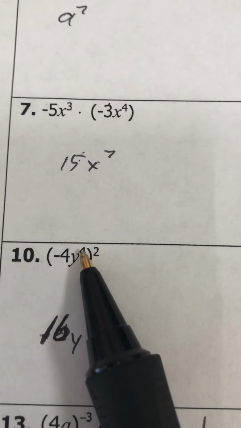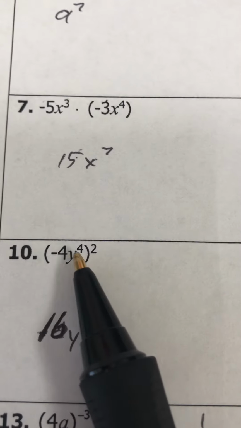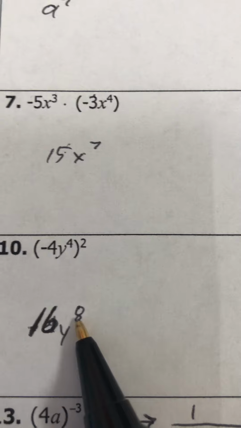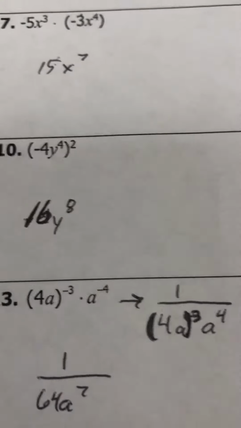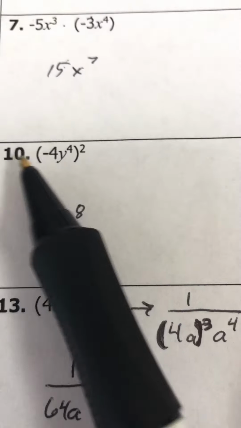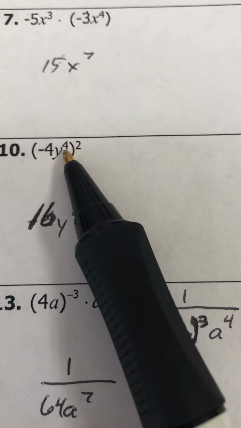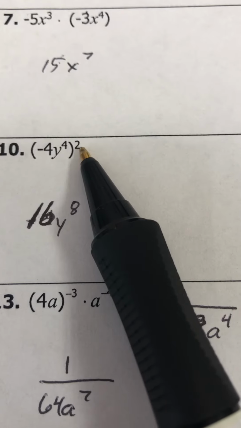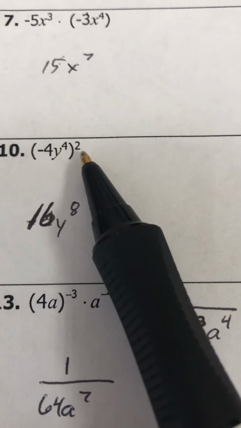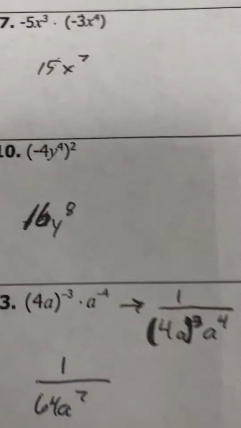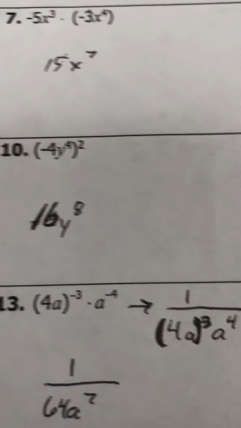But this is taking an exponent and raising it to an exponent. So here's where we start multiplying. Sorry about that. So that becomes 4 times 2, and that becomes 8. I'm not squaring the 4, I'm just multiplying 4 times 2. This I'm actually squaring, the negative 4 to the second power. So that would be negative 4 times negative 4, which is 16.